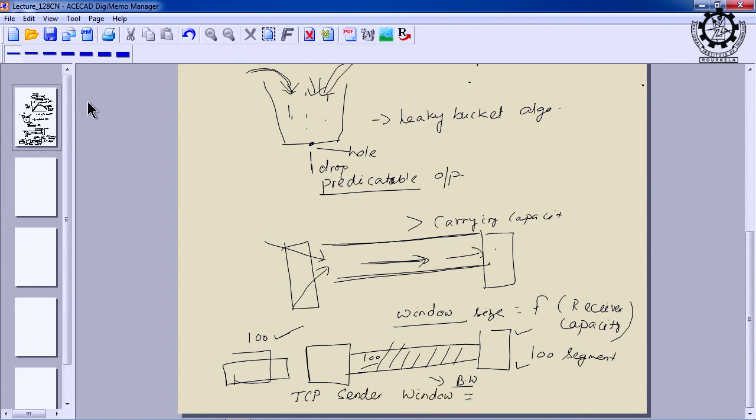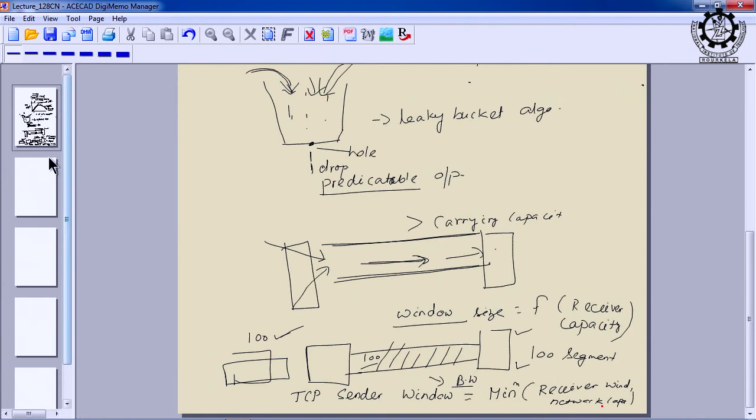TCP sender window is a function of, or you can say it is the minimum of, the receiver window and the network capacity. So whichever is the lowest one, the sender will decide its window size accordingly.